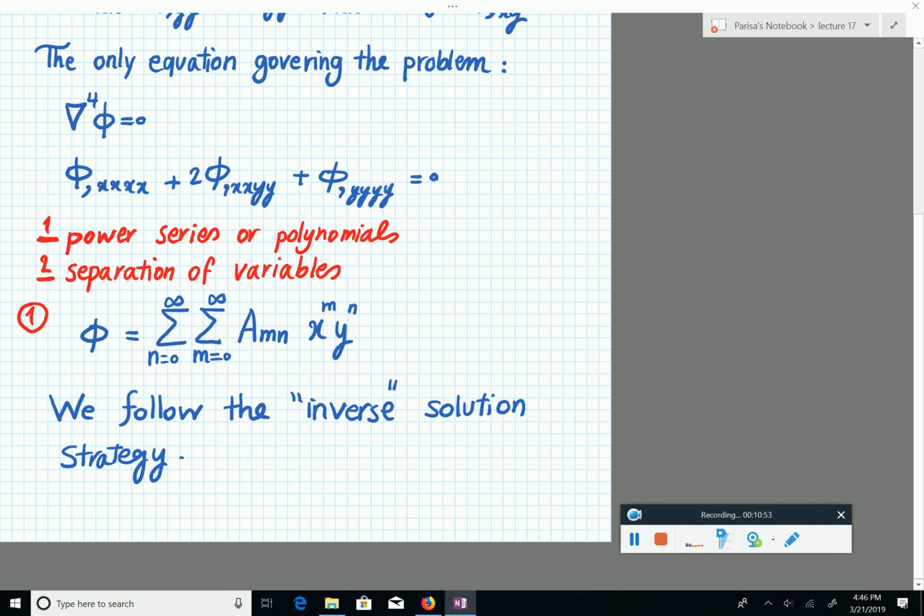It's a strange solution strategy. In which sense? What did we do? Yes, Gerald. We started with the solution and worked backwards to find a problem that the solution is. Exactly. So we start with a solution and we try to find a problem that it fits.